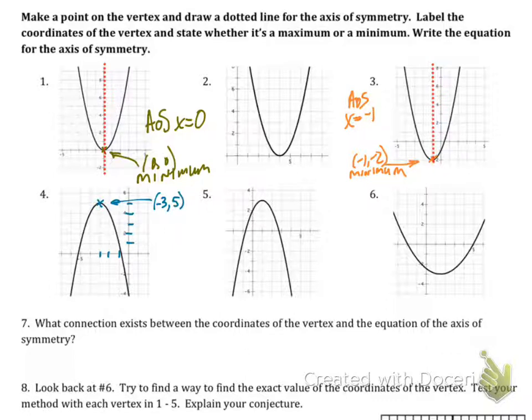So that'll be the vertex, and if you notice here, it's going up and then down, so we know that it can't get any higher than that point. Therefore, this is called a maximum. Also, we need to include our axis of symmetry. And you'll be able to notice that the axis of symmetry, AOS, is crossing at x equals -3.